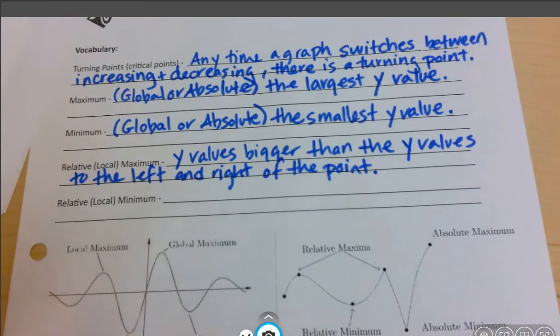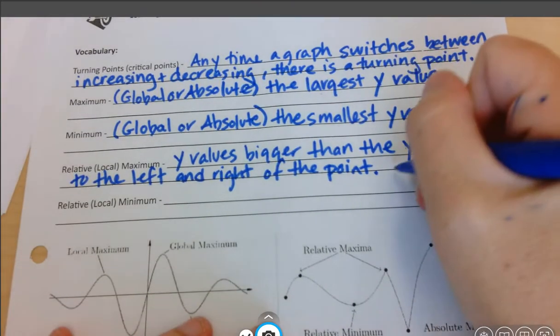An endpoint will never be a relative maximum or minimum because an endpoint doesn't have points on both sides. So never an endpoint.